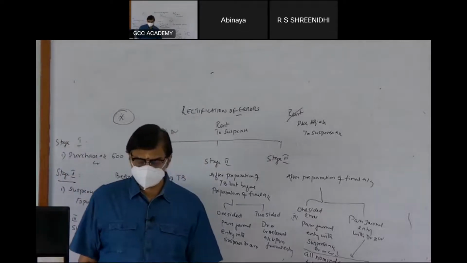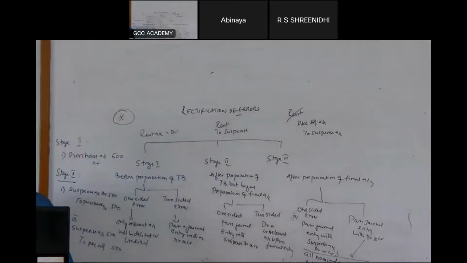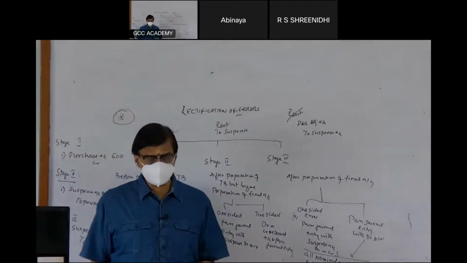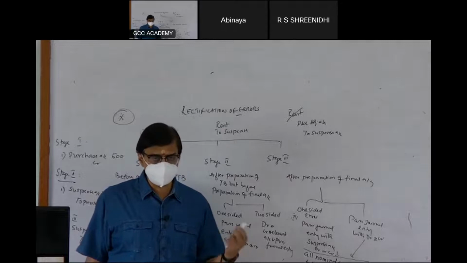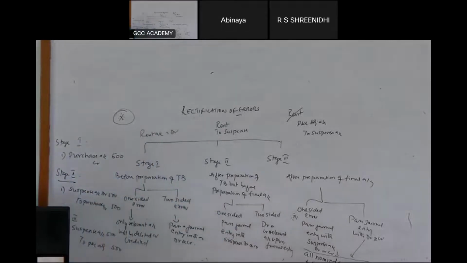One-sided. So stage 1, what is the entry? Sales book was overcast. Correct. So sales is normally credit. If you overcast, it means you have put extra credit, that should be nullified by a debit. So very good. Sales account will be debited by 500 rupees. One-sided error. Stage 1. Sales account will be debited.